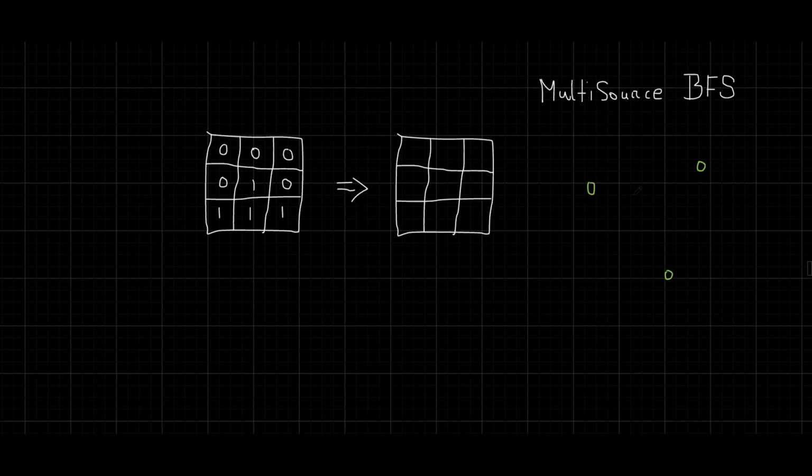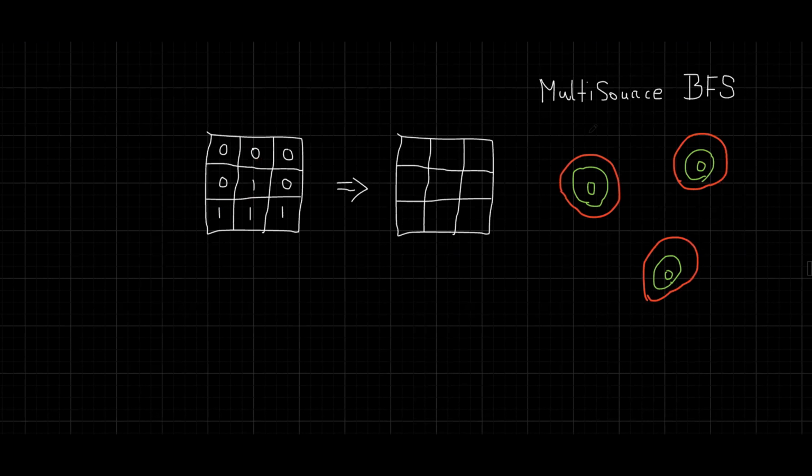In the first iteration, the first level BFS will visit all of the adjacent nodes of each source. In the second level iteration, the BFS will visit all of the nodes in the second level, for all of the source nodes.